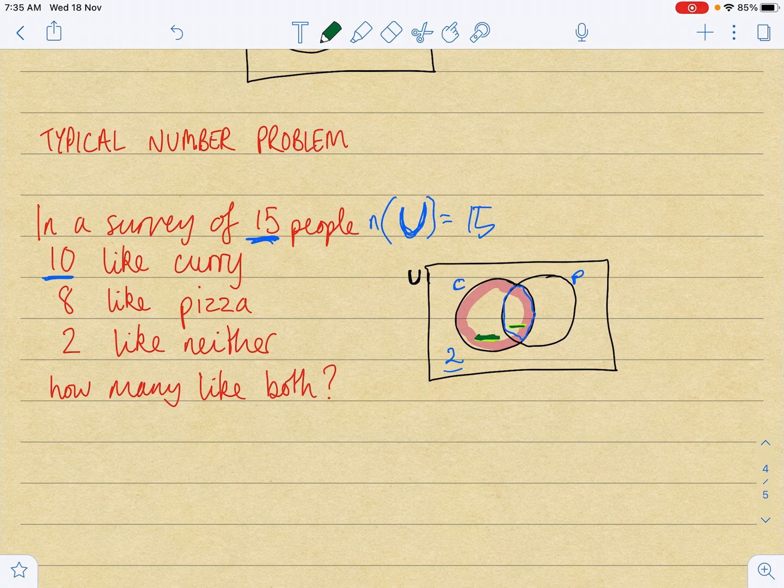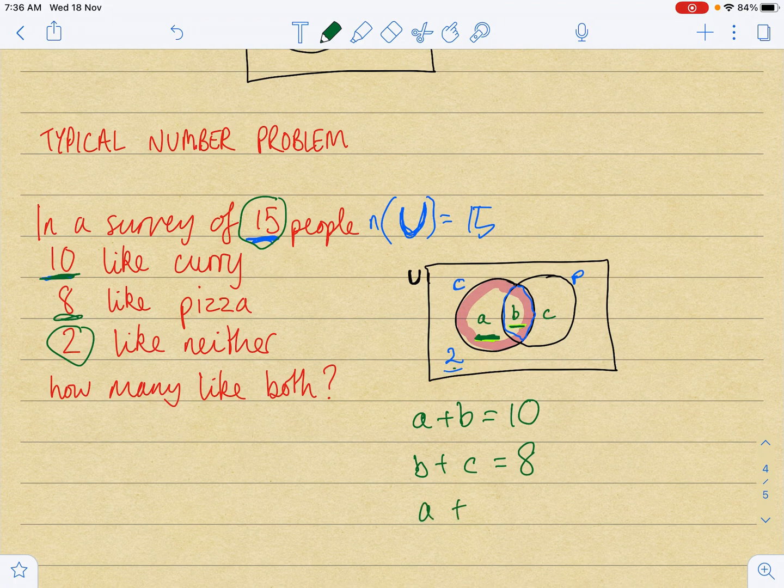Let's call this one little a there, a little b here, a little c there. So I know that A and B adds up to 10. Some of these people who like curry also like pizza. I also know that B and C add up to 8. Now, the most useful bit of information is that there's 15 people, 2 like neither.